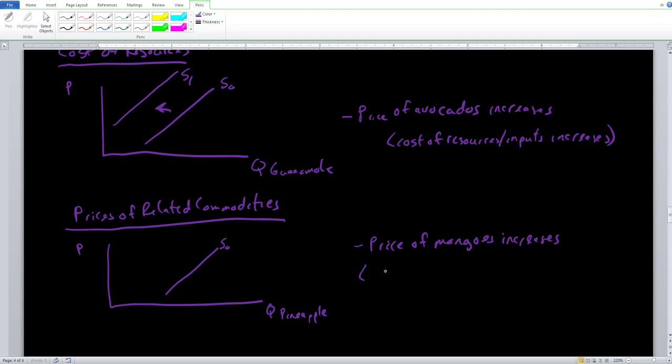The general shock is going to be the price of related commodities increases. So here, if the price of mangoes increases, do you want to start growing pineapples or do you want to not grow pineapples?